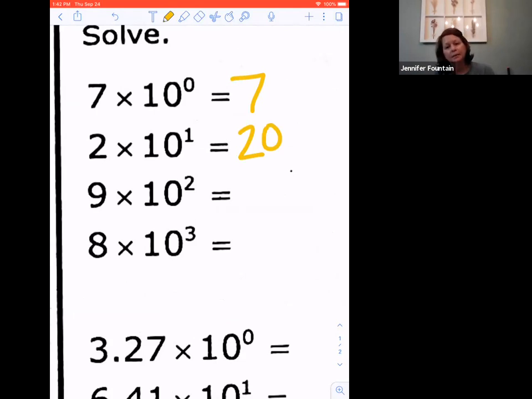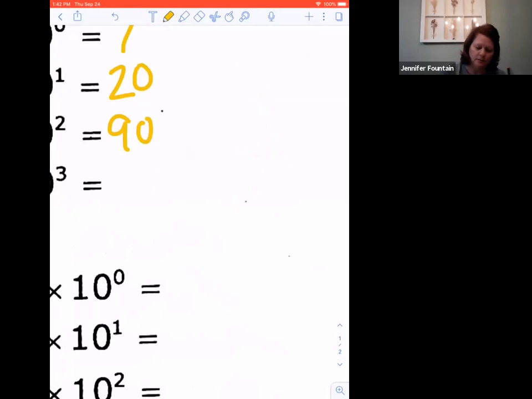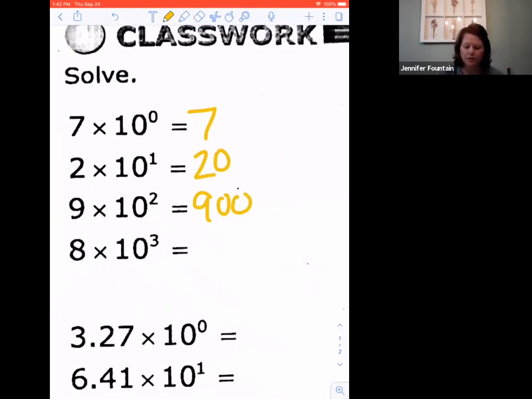Remember, 10 to the second power is going to be 100. So 9 times 100 is 900. 8 times 10 to the third power. 10 to the third is 1,000. So 8 times 1,000 is 8,000.